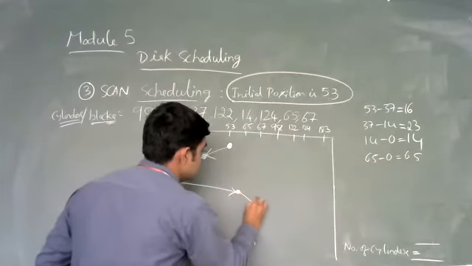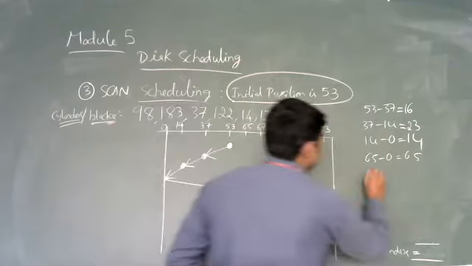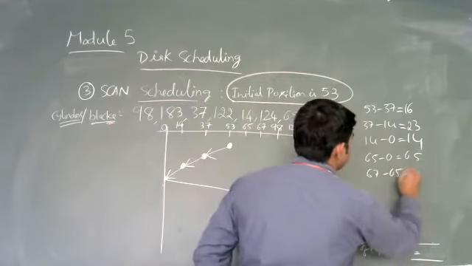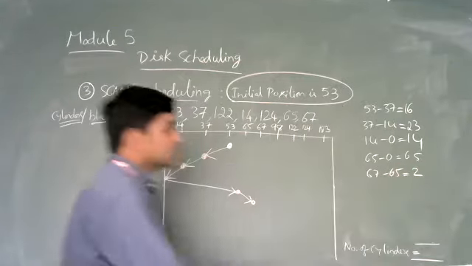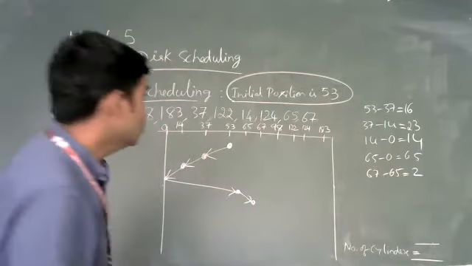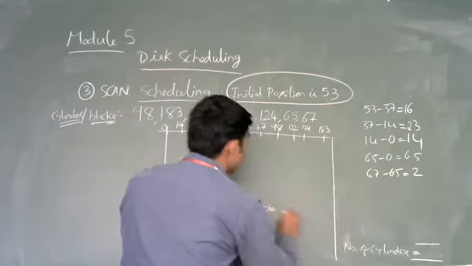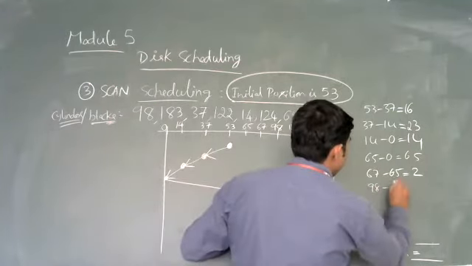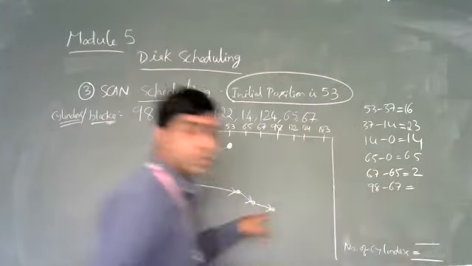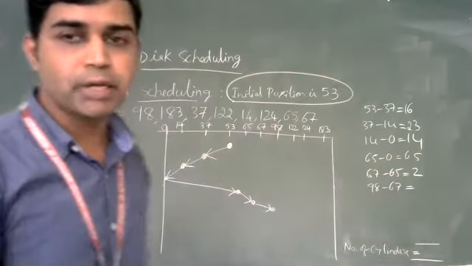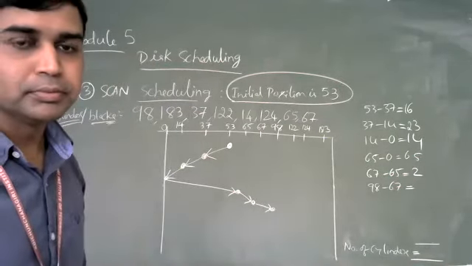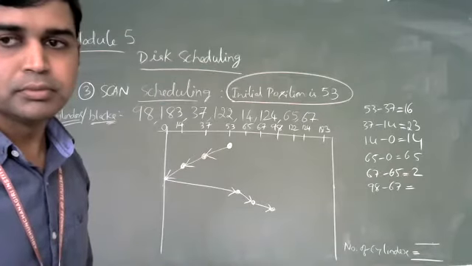Next it is 67. 67 minus 65 is 2. Next from 67 it is 98. 98 minus 67, how much? 31.